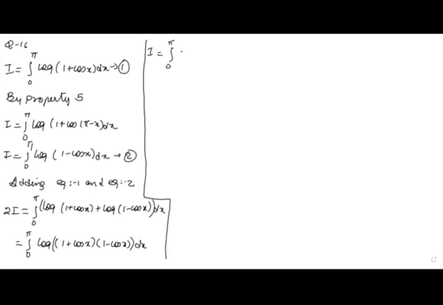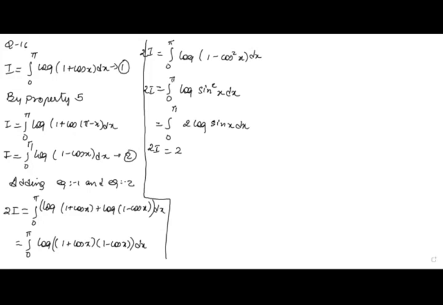Now I know that (a plus b)(a minus b) is a square minus b square. And applying the identity over here, this is 2I. I will have sine square x dx, and again applying the property of log, I will have 2 log sin x dx.